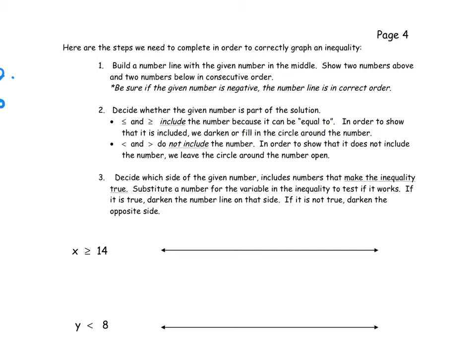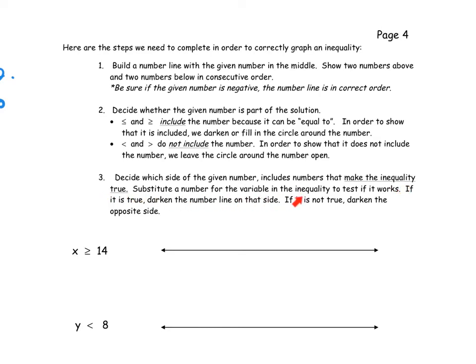And so in order to show that, we have to darken in or fill in the circle around the number. If we're given less than or greater than, they do not include the number. In order to show that this does not include the number, we leave the circle around the number open.